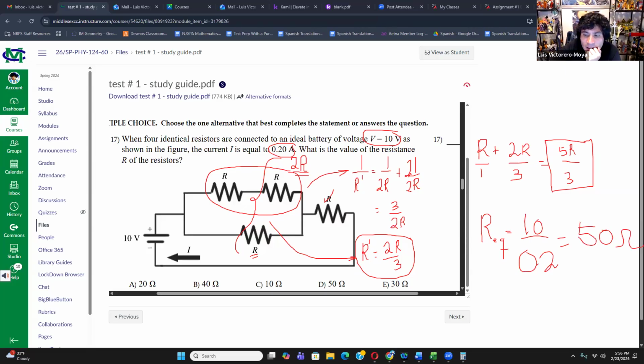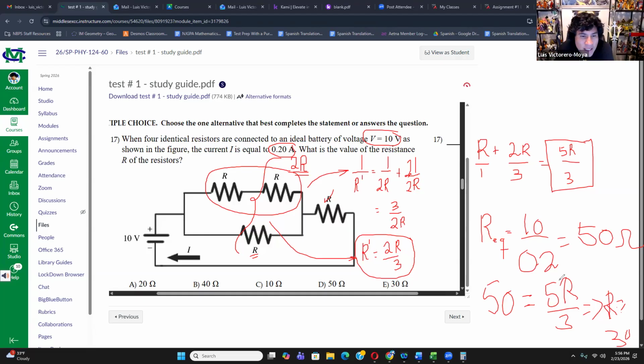That 50 is equal to the expression you found up here, 5R divided by 3. Then if you solve for R, that's equal to 30 ohms. So 30. So you still saw the parallel and series there, but with the variable R.